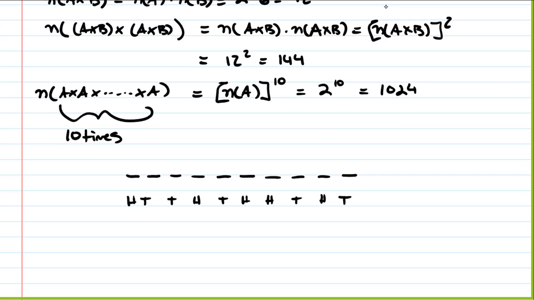There's 1024 different ways I could write down something like head, tail, tail. Like this would be I flip a head, a tail, a tail, a head, a tail, a head, a head, a tail, a head, a tail. That's one possible outcome of me flipping a coin 10 times. There are 1023 other ways that could happen, right? That I could flip a coin 10 times and get an outcome. That's what our 1024 represents, is all of those possibilities.